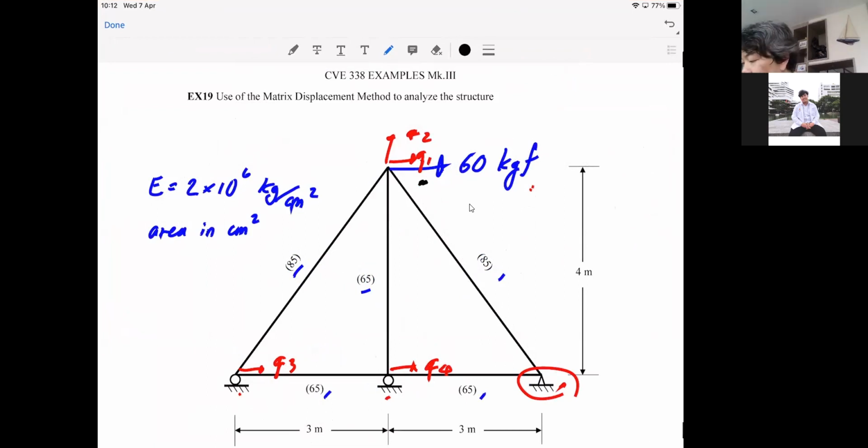I can apply as much force as I want on the hinge support. It's not going to do anything to the structure. So the force only matters when it is applied where you have the degree of freedom, and in this case, it's where your Q1 is. And it is going in the same direction as Q1.